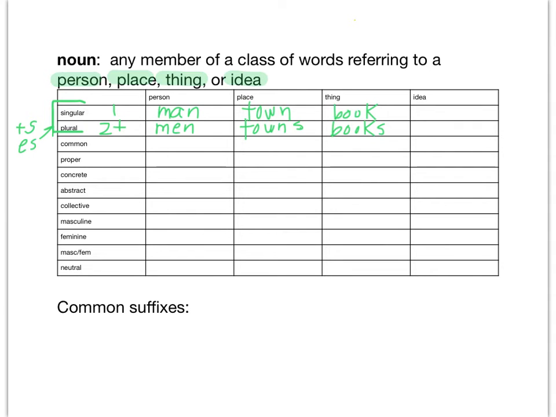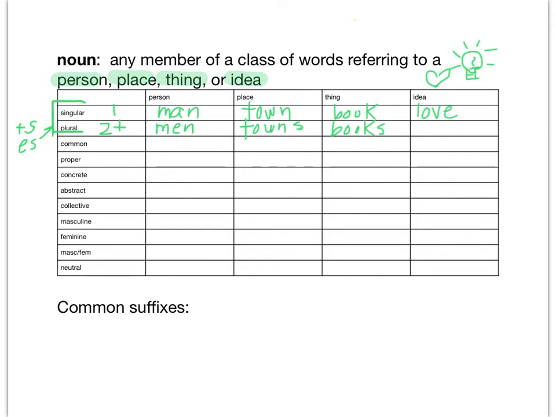Idea is much, much harder because ideas are not something that really have a number. Because when we think of ideas, we think of emotions, things that don't have shape or size. So singular idea might be love.